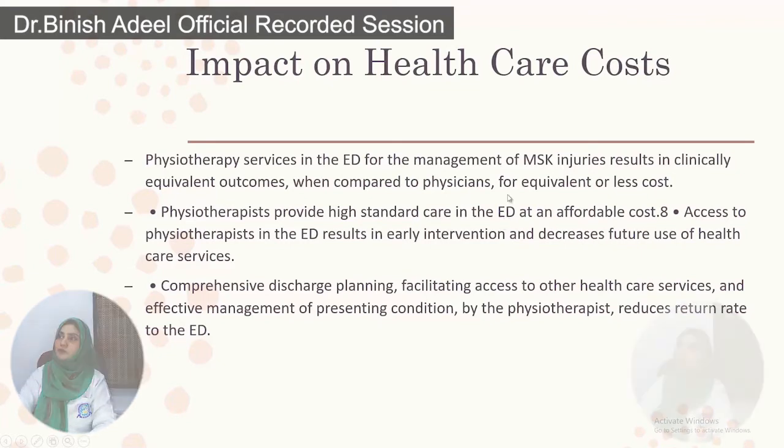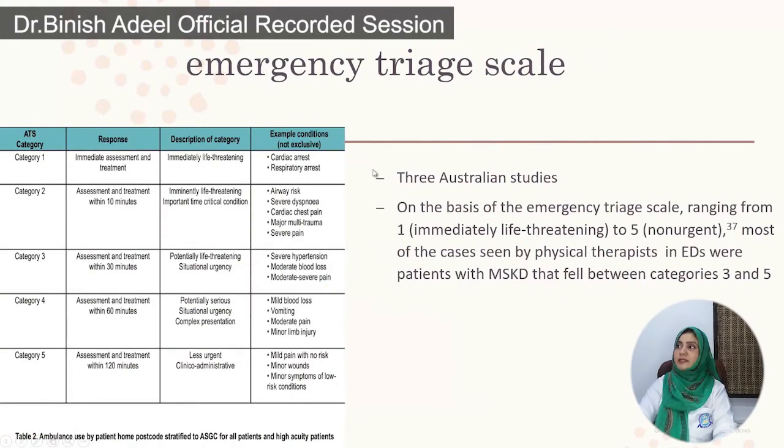So we've talked about these categories of the emergency triage scale already. The emergency triage scale ranges from category 1, which means a life-threatening condition where the patient needs to be treated immediately. Examples of these conditions are cardiac arrest and respiratory arrest. Secondly, category 2 is where the patient has severe dyspnea, airway risk, or cardiac chest pain. A patient who needs to be seen by a physical therapist falls in categories 3 to 5.